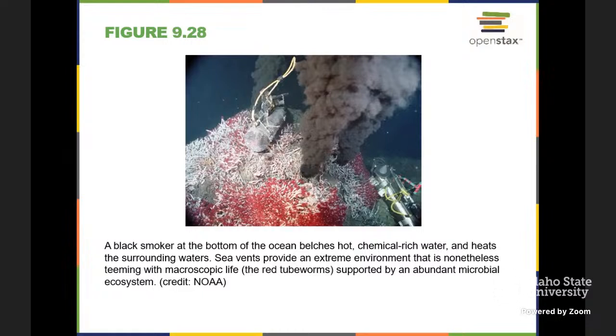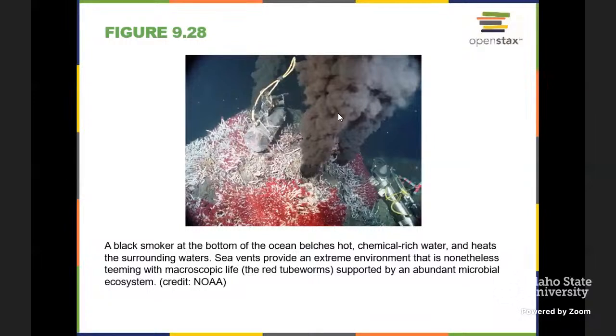The barophiles are bacteria or archaea that can tolerate high pressures, right? And then the thermophiles or hyperthermophiles are the bacteria or archaea that can tolerate super high temperatures. And in some instances, high pressure and temperature together make it a little more stable for these organisms.